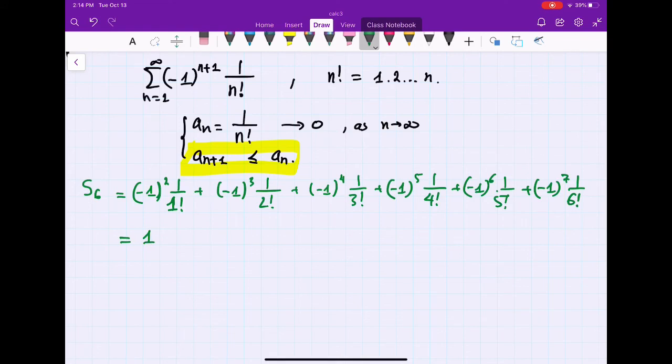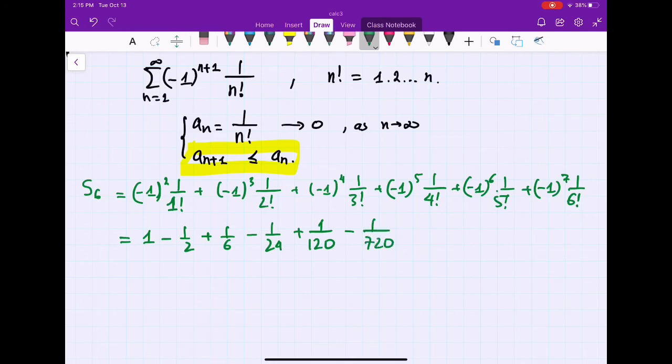You get 1 minus 1 over 2 plus 1 over 6 minus 1 over 24 plus 1 over 120 minus 1 over 720.